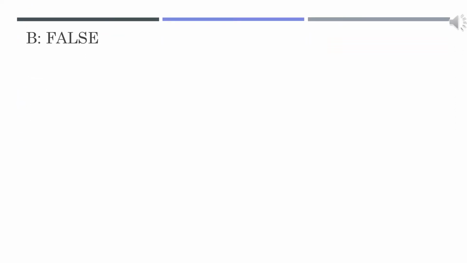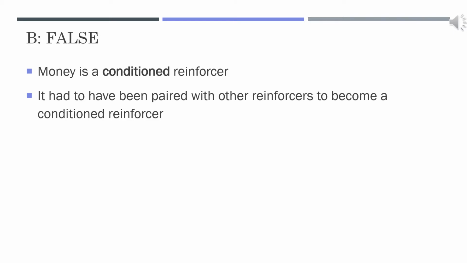The correct answer is B, false. Money is actually considered a conditioned reinforcer. The individual must have a previous history where money was paired with other reinforcers for money to function as a reinforcer. The following is a possible pairing that may have occurred to cause money to become a conditioned reinforcer.